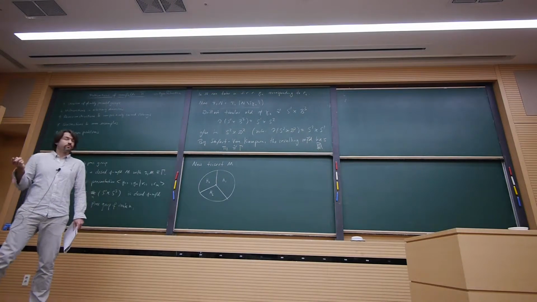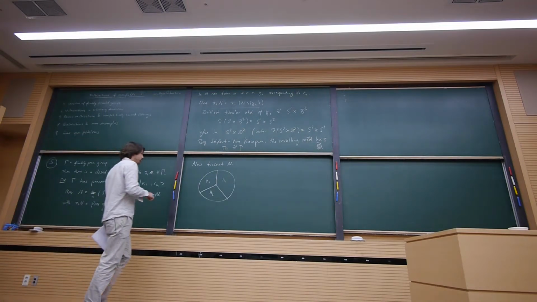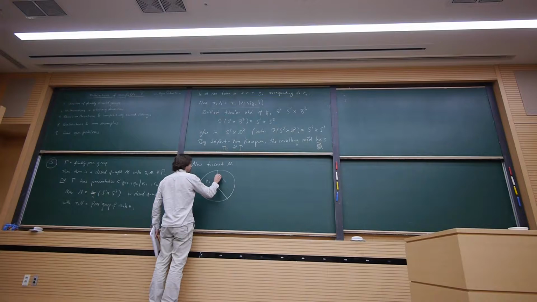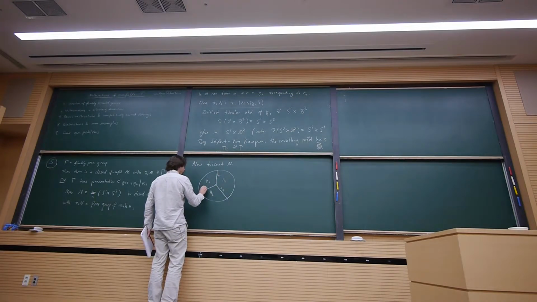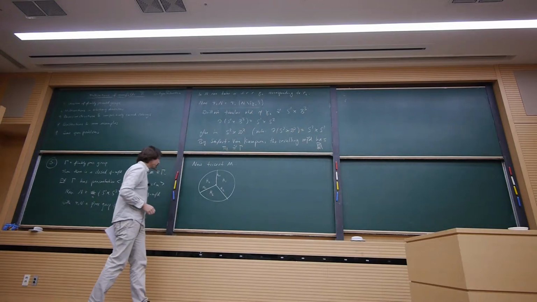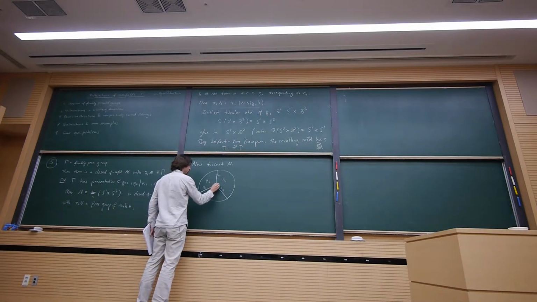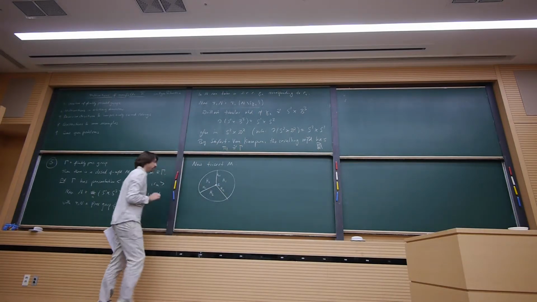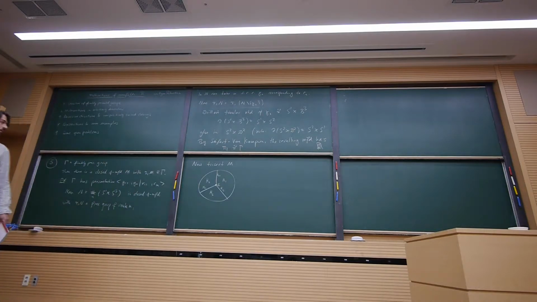The pairwise intersections are always 3-dimensional handlebodies, so these are my H01, H12, H02, say. And then the triple intersection is a closed orientable surface. So here's sigma. Okay.